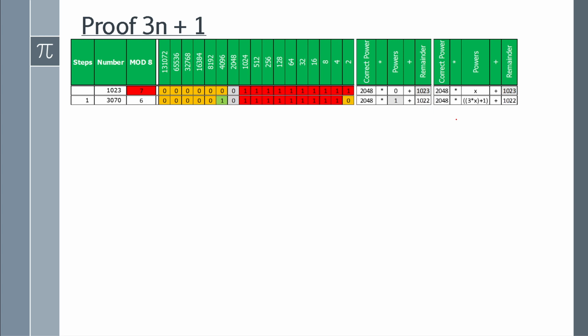And so again, we're going to multiply by 3, add 1 for our first step, but on our power side, we did a 3x plus 1 to the power side.